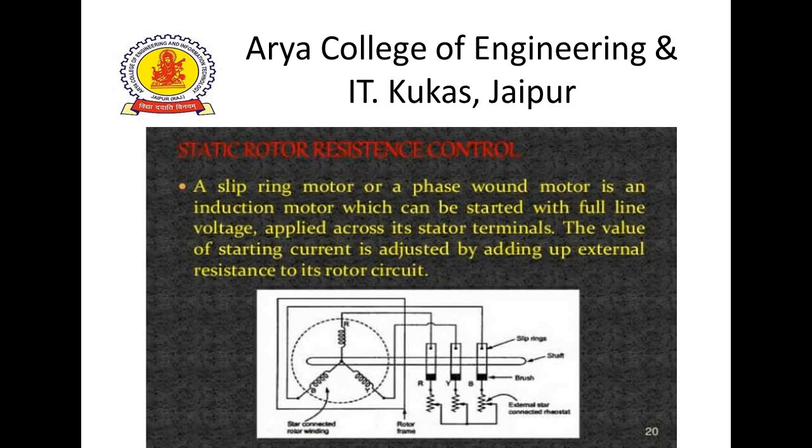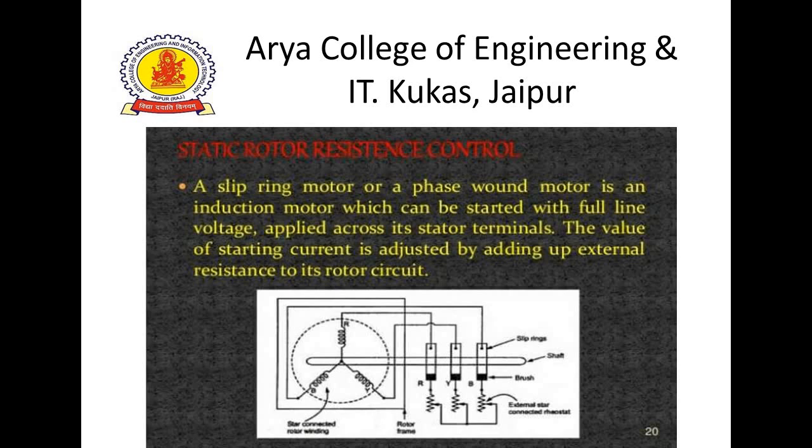Static rotor resistance control. In this diagram, a slip ring motor or a phase wound motor is an induction motor which can be started with full line voltage applied across its stator terminals.